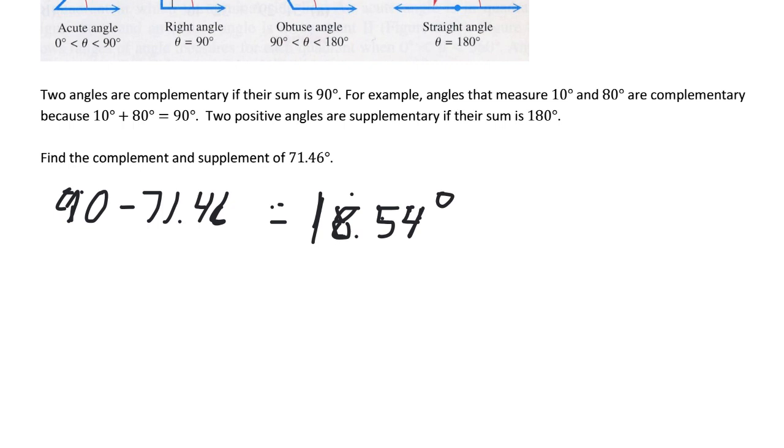For the supplement, 180 minus 71.46, we get 108.54 degrees, because the two add up to 180.